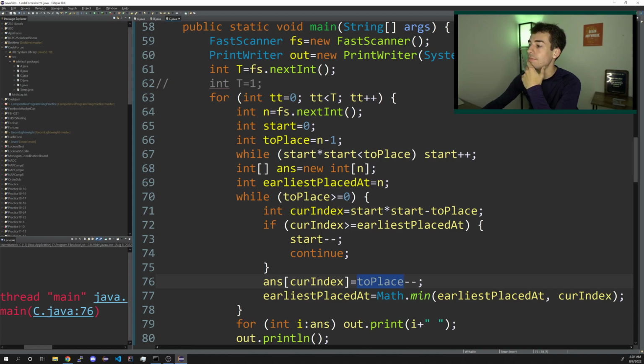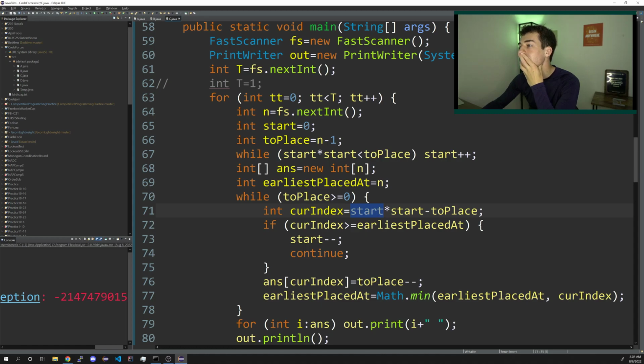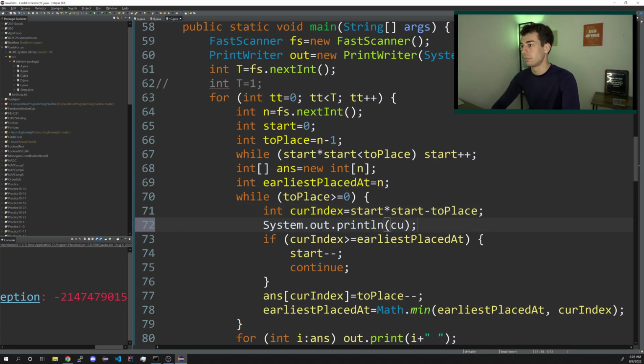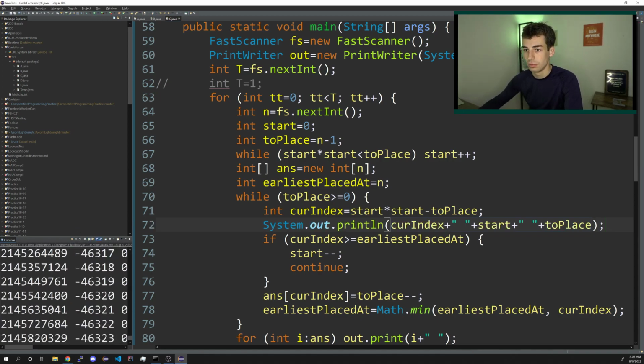Place minus minus. So start is getting really small.